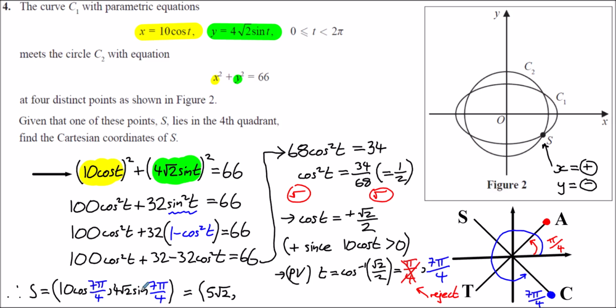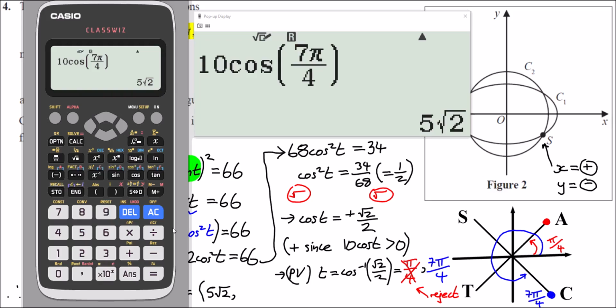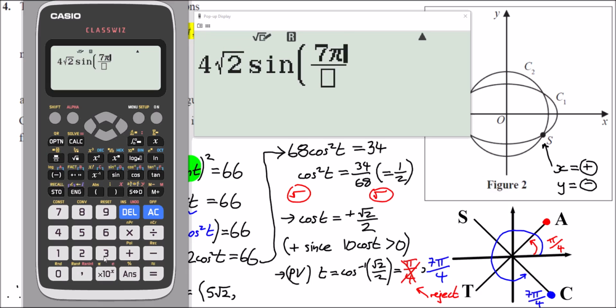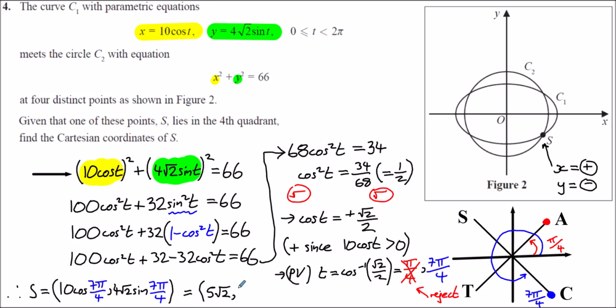Then for 4 root 2 sine 7 pi over 4, that should be negative. It is, we get minus 4. So that's the coordinates of s, which is what we were required to find. Therefore, we've done question 4.